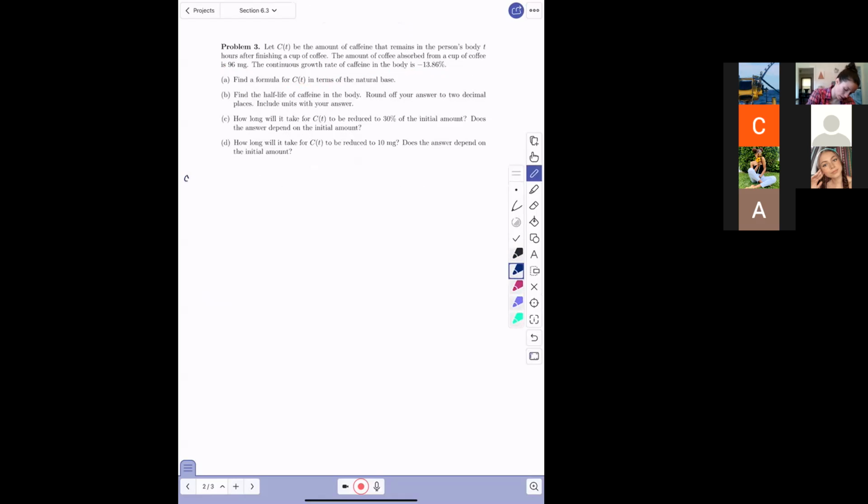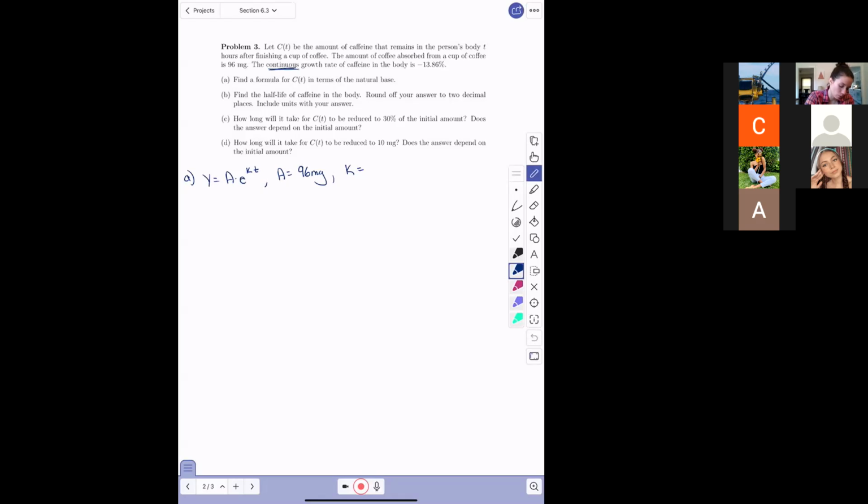So the natural base is y equals a times e to the power of k t. What is my a value? 96. Good, 96 milligrams. And do we know what my k is? Is it the negative 13.86? Yes, perfect.